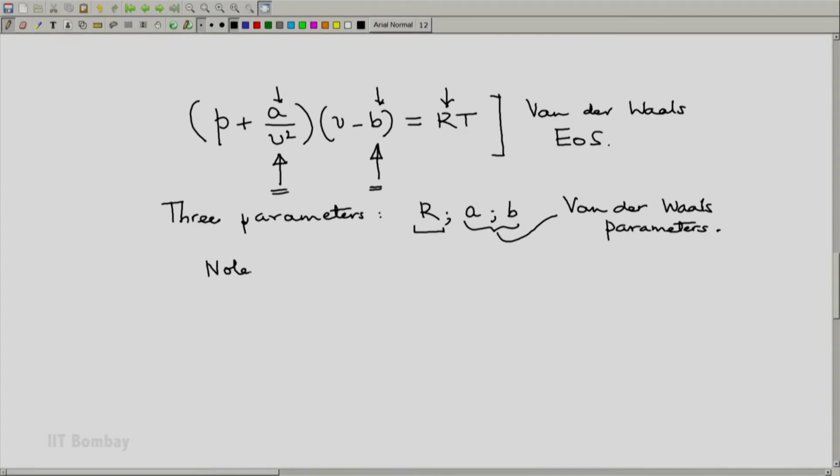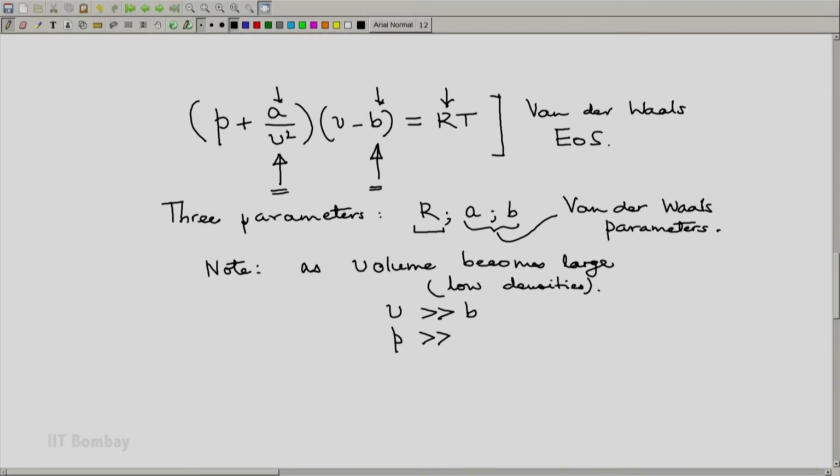Notice that as volume increases, that means low densities, V will become much larger than B. Similarly, P will turn out to be much larger than A by V squared. And under these conditions, the equation of state will approximate an ideal gas equation of state.